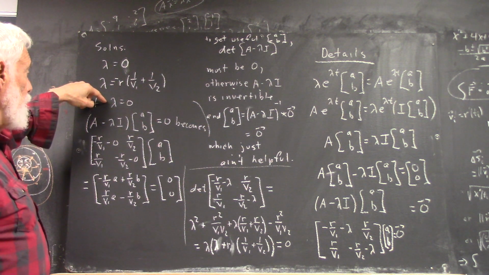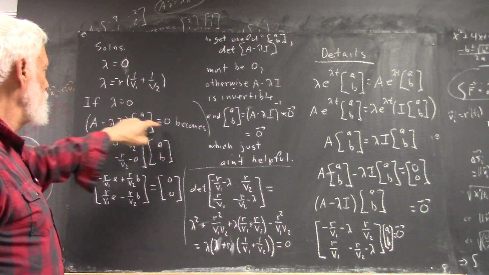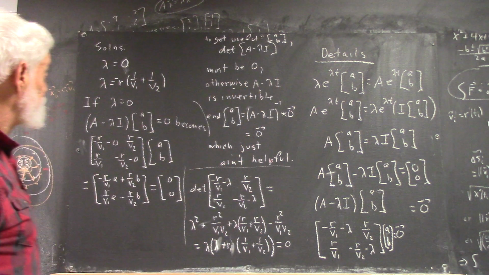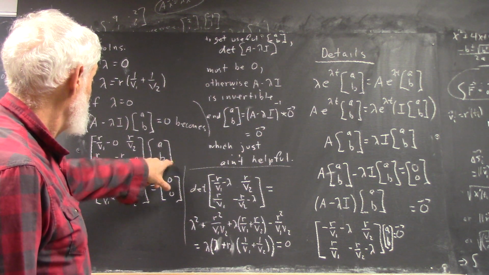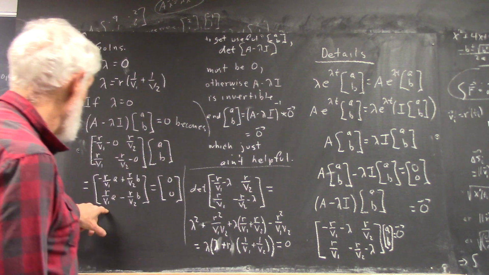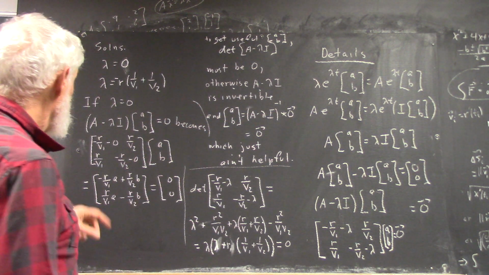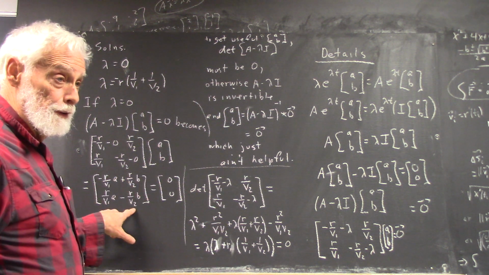Okay, so if lambda is 0, the equation A minus lambda I times AB equals 0, which is the equation you're trying to solve, becomes this equals 0. Of course, this equals this, so we get this equals 0, right? Now this gives us two equations. This has to be 0, and this has to be 0.